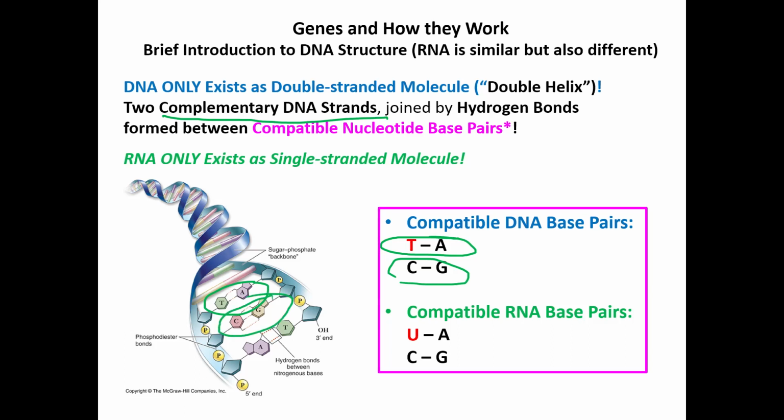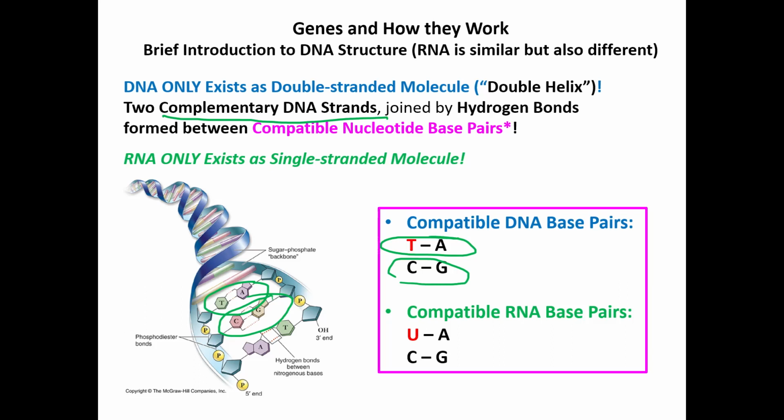Okay, so here in the double strand of a DNA molecule, we always have complementary DNA base pairs facing each other in those two complementary DNA strands. In RNA, we also have this complementary pairing, in this case, of course, between uracil and adenine and cytosine and guanine.